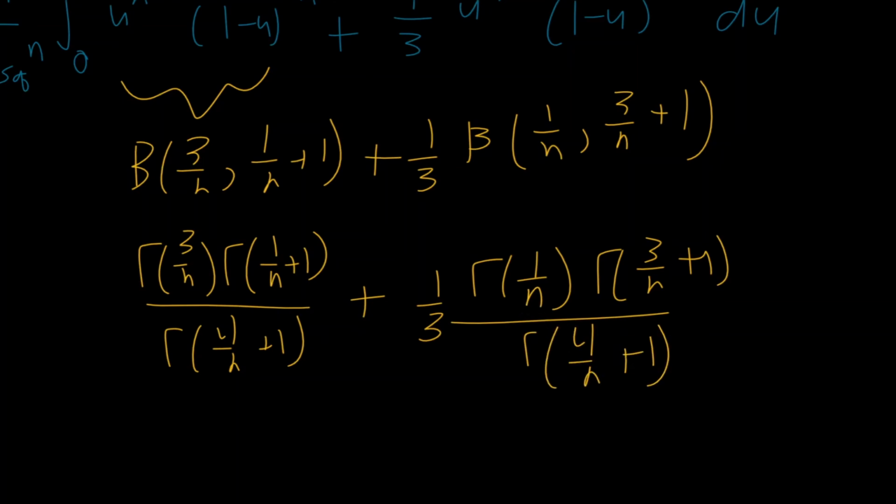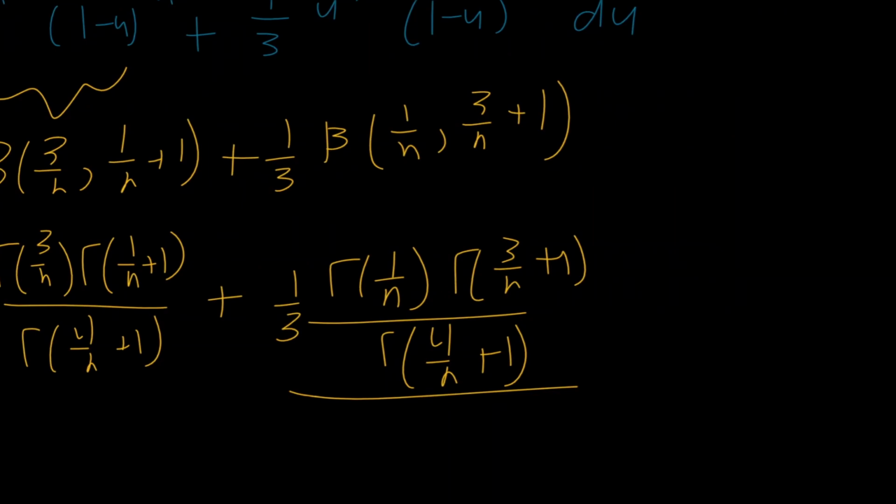And here's the really interesting part. One way we can expand this term right here is by noting that gamma of 3 over n plus 1 is equal to gamma of 3 over n times 3 over n. That's just by properties of the gamma function.